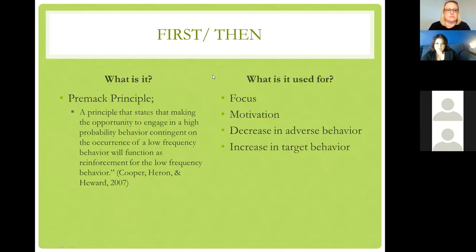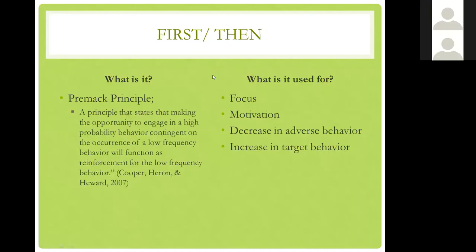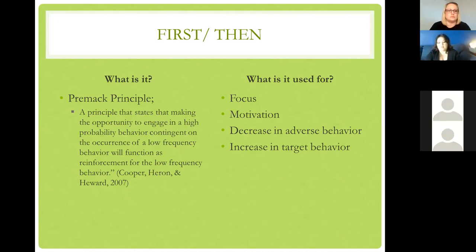So piggybacking off of token economy are the first-then statements. When we talk about first-then statements, we follow this principle called the Premack principle, which states that making the opportunity to engage in a high probability behavior contingent on the occurrence of a low frequency behavior will function as reinforcement for the low frequency behavior.